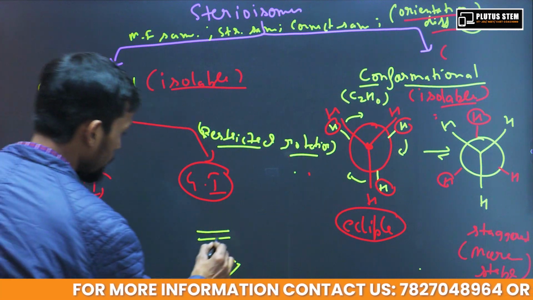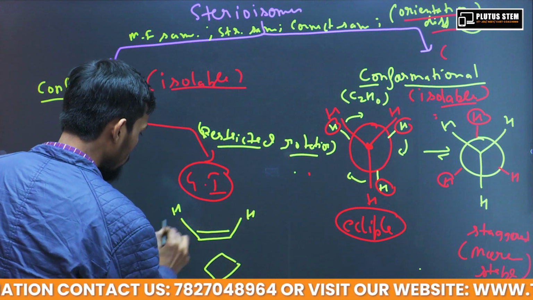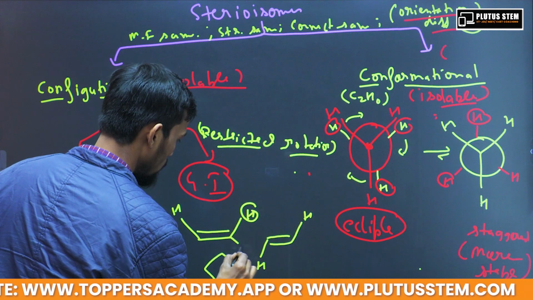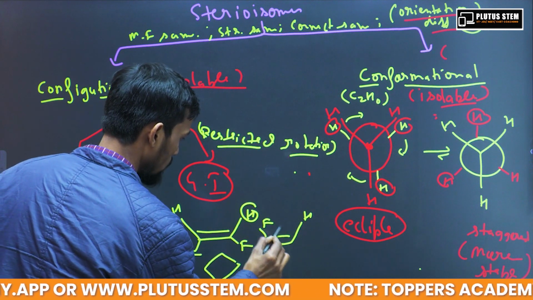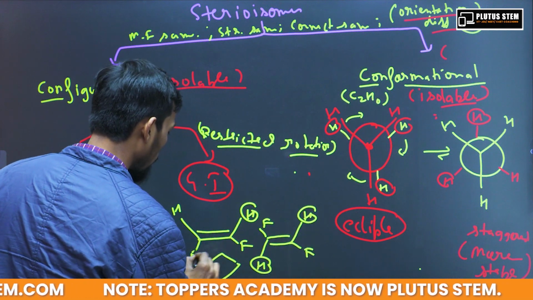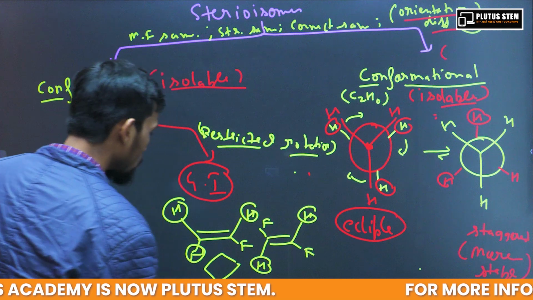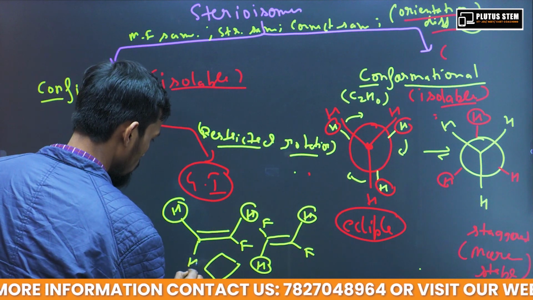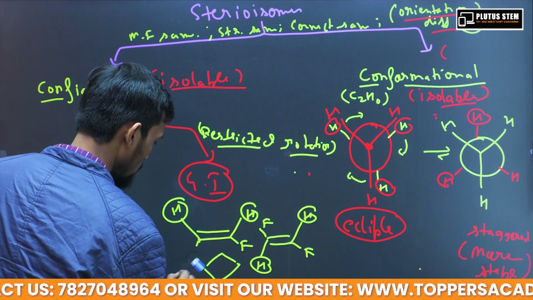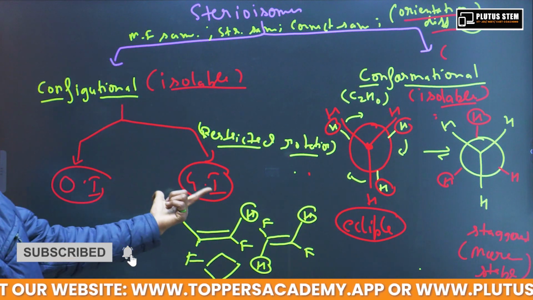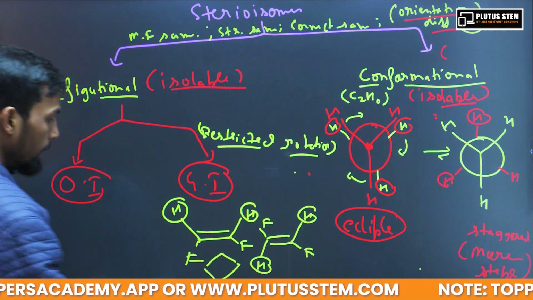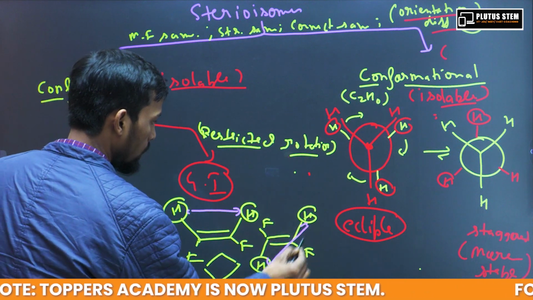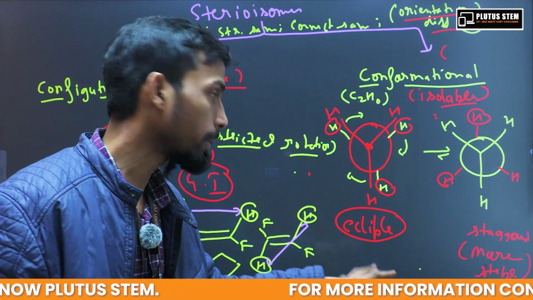So if you see over here, if this one is hydrogen and this one is hydrogen and another hydrogen is like this, so this one and this one, if you visualize over here, these two are on the same side and these two are on different sides, where we will see that the distance is different. You will see a difference in their length between these two atoms.